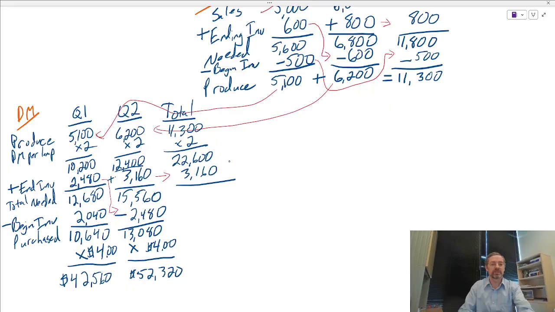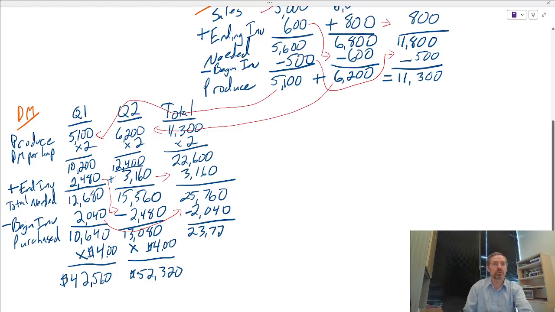So our total needed is 25,760. Our beginning inventory is the very beginning, so that's coming from the beginning of Q1. So 2,040. And we subtract that. So the total that we need to purchase is 23,720.